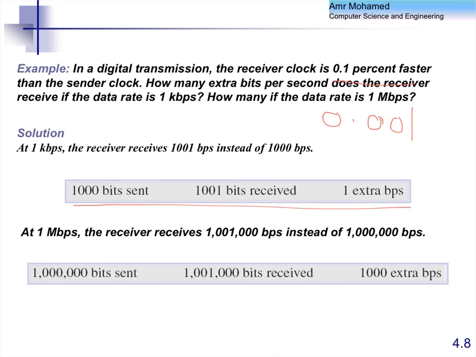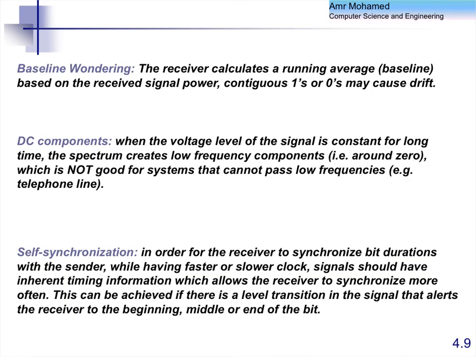So any difference would cause a serious error, and that will affect the efficiency and the quality of the communication. Okay, so techniques with more than 1 signal element per data element can be resistive to this kind of problem, the missynchronization or the lack of synchronization between the transmitter and the receiver.